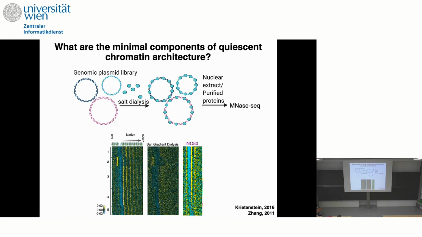But as we add in other factors, particularly INO80, the chromatin remodeling enzyme, and these general regulatory transcription factors, we can start to get really nice nucleosome positioning. We're starting to use this system with the goal of doing Micro-C, getting a sense of how these contexts translate, and then comparing this to our data from cells to see if we can start to reconstitute this quiescent cell chromatin from the bottom up.